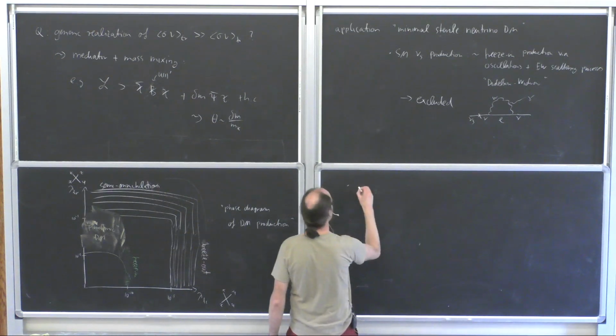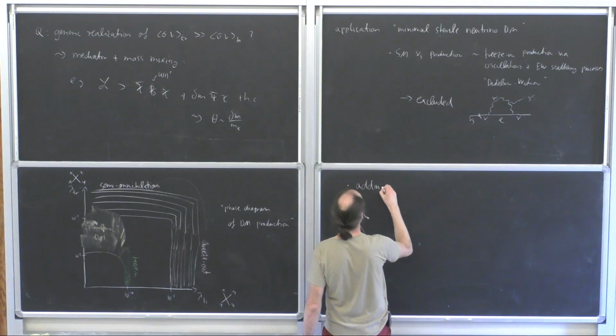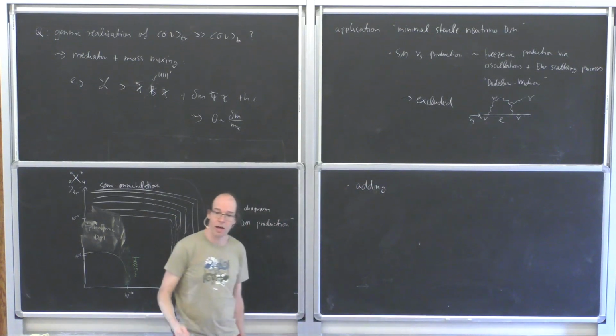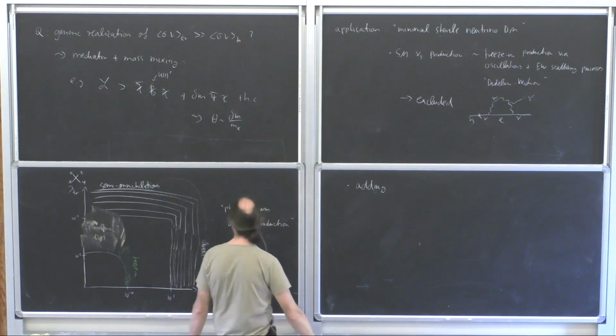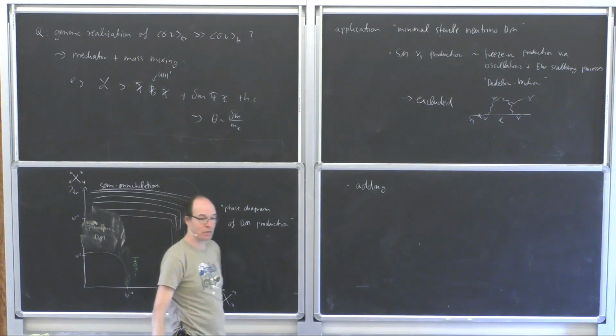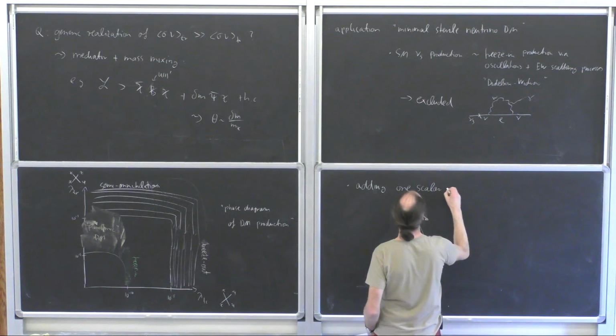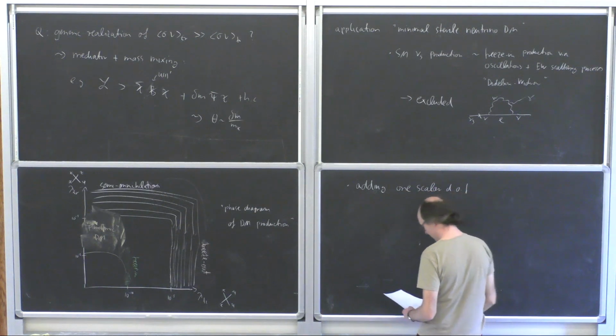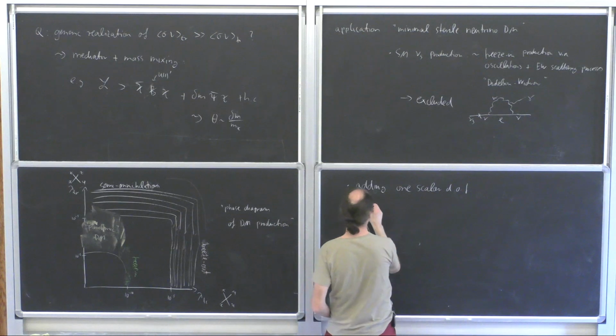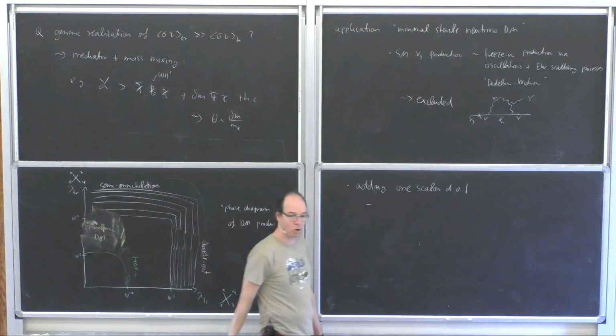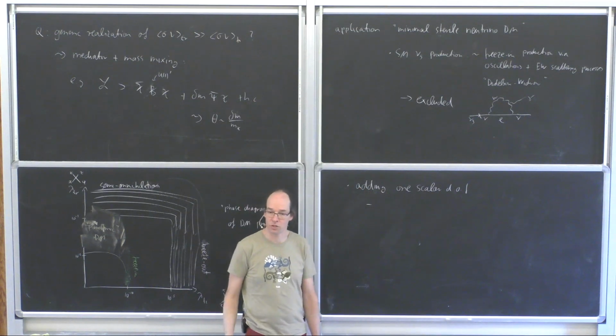And that's the reason why I call this minimal sterile neutrino dark matter. We just need to add one scalar degree of freedom. So we just add here a scalar mediator. And that basically opens up a new production channel.